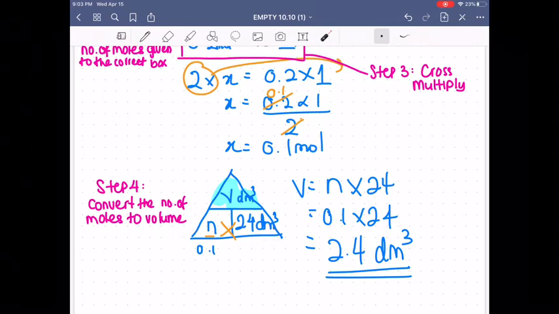Since this question does not require either dm cube or centimeter cube, I prefer dm cube because the number is smaller, 24 dm cube, that's the magic number. So volume is equal to number of moles times 24 dm cube. Substitute this 0.1 mole into n, then you get 0.1 times 24, you get 2.4 dm cube. Okay, that is the answer.